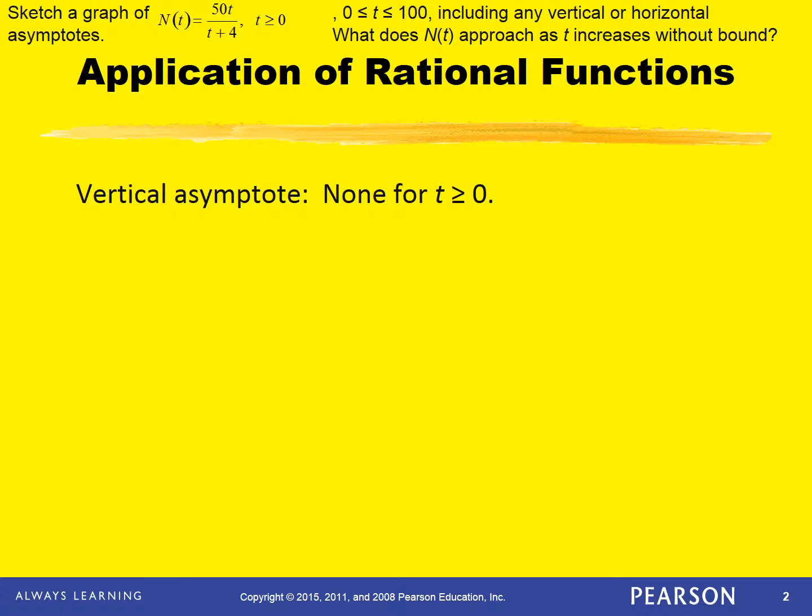You could look at the denominator and see that negative 4 is a 0 of the denominator, but negative 4 is not in the domain of the function.